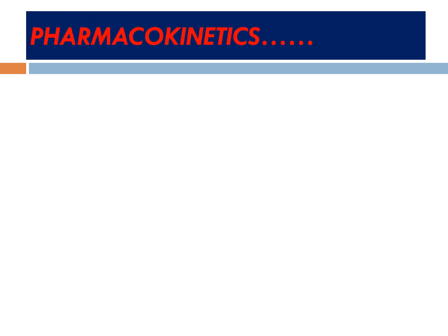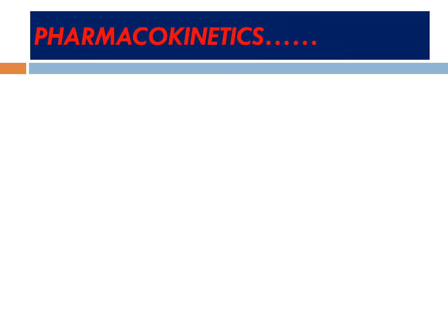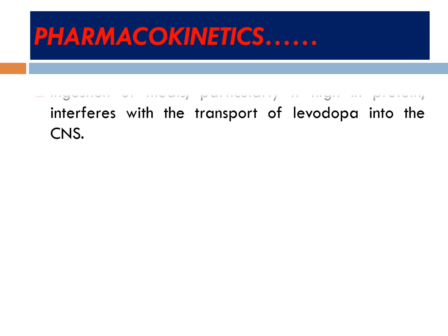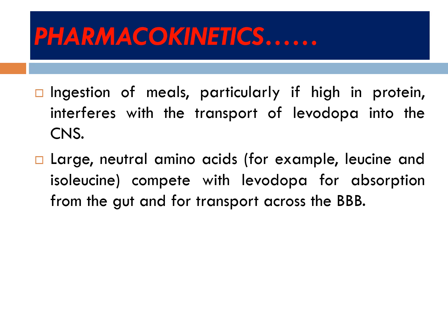So regarding the pharmacokinetics of levodopa, remember one thing: whenever there is motor fluctuation, the patient will experience tremors, cramps, and immobility. Another very important point is that you should avoid taking levodopa with a diet which is very high in protein.